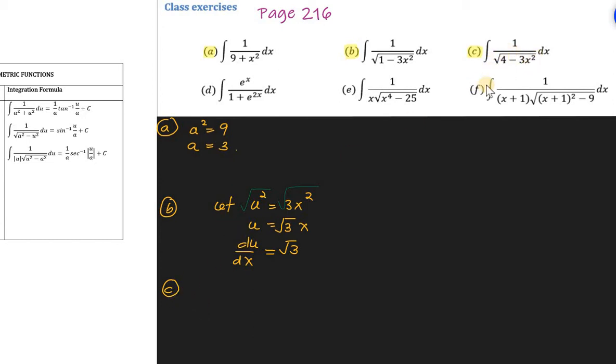C, we have this format, and again here, the A is similar to the format number 2 again. The A square is 4, okay, so A is 2, and then for U square, we can say that let the U square as 3x square and the U as square root 3x.